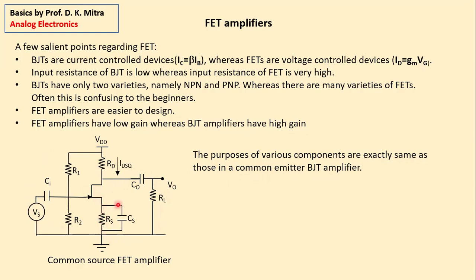In a BJT, there is an emitter bypass capacitor; here it is a source bypass capacitor. In a BJT, there are input and output coupling capacitors. The same thing is here. In a BJT, there is a load resistance, and of course there will be a source to supply the amplifier. In a BJT amplifier there is also self-biasing R1, R2, and in a FET also there is the same self-biasing R1, R2.